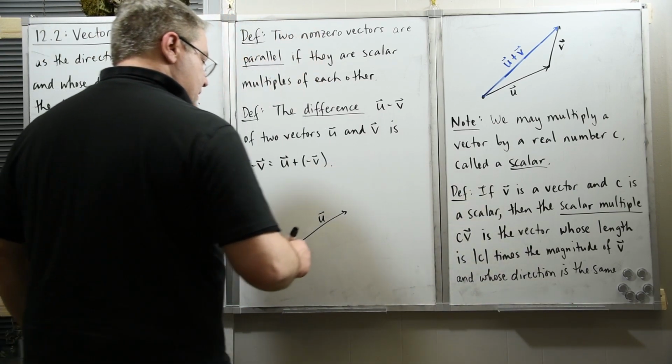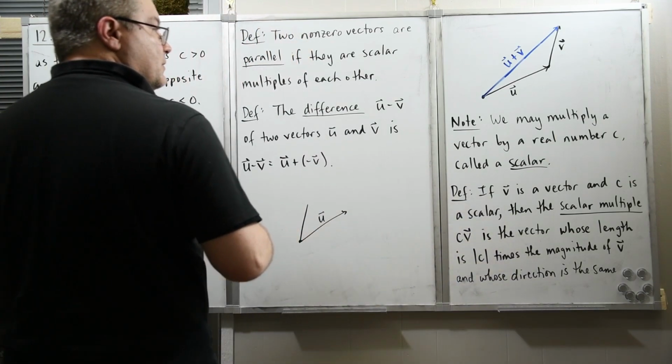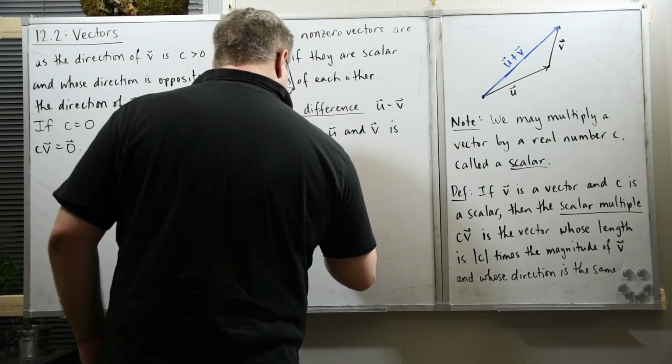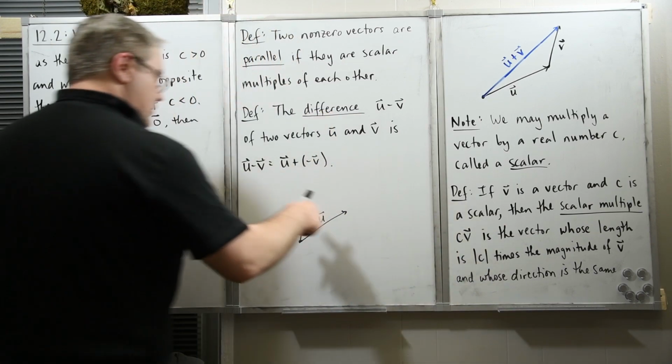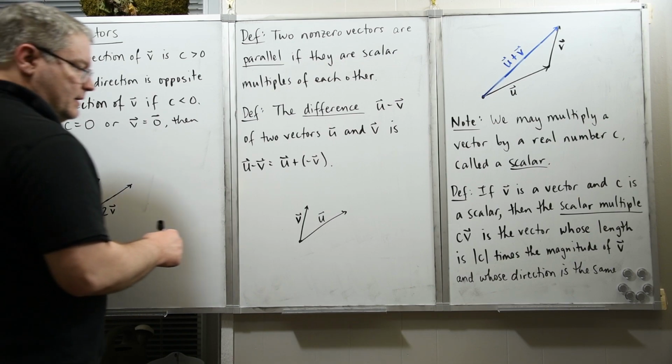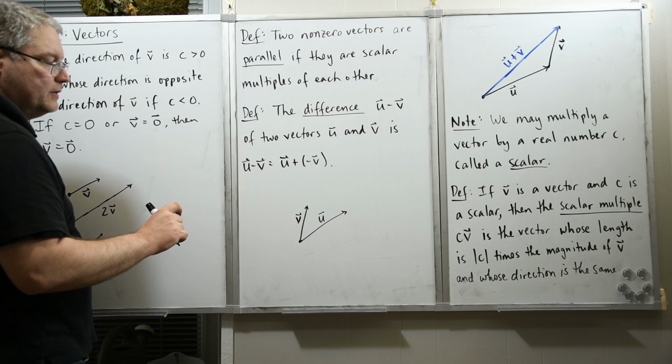We've got a vector v that, let's say, we put both initial points at the same spot. And then your picture would look like this. Now, negative v would have the same magnitude as v, but it would just point in the opposite direction.